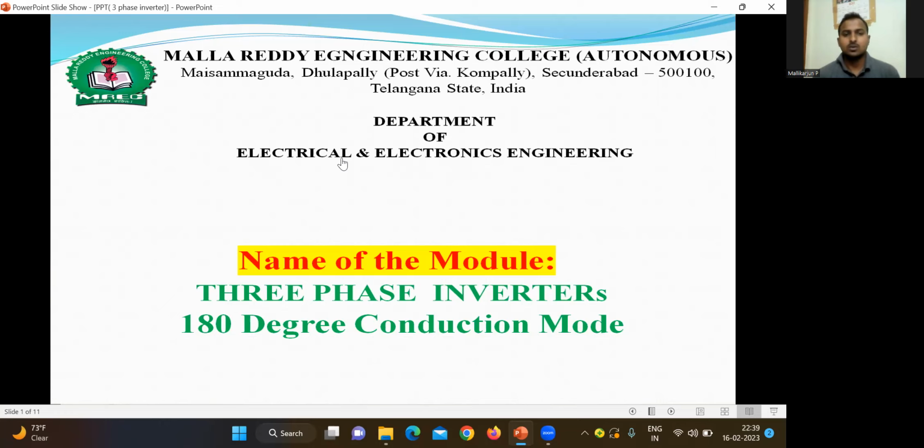One is 180 degrees conduction mode. The second one is 120 degrees conduction. First of all, before going to the topic of three-phase inverters, what is the definition of an inverter?